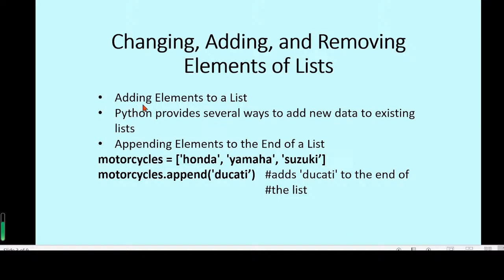And we can also add elements to a list. Python provides several ways to add new data to existing lists. We can append elements to the end of a list. So this is the original list for the motorcycle, and we can use the append function: motorcycle dot append Ducati. So the Ducati is added to the end of the list.